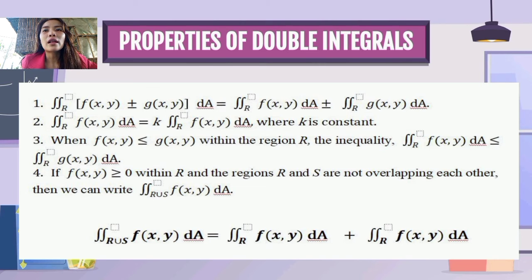And the last one, if f of x and y is greater than or equal to 0 within R, and the regions R and S are not overlapping each other, then we can write the double integral of f of x and y dA as shown below. So this is what you can see.